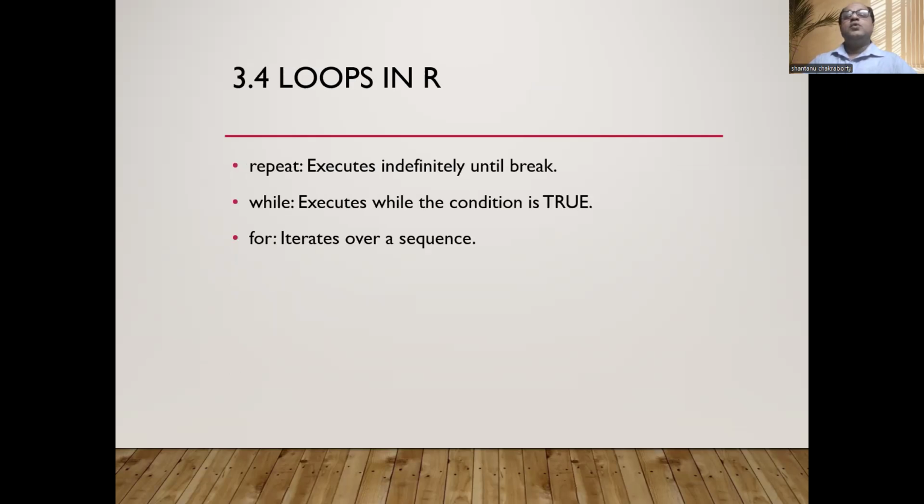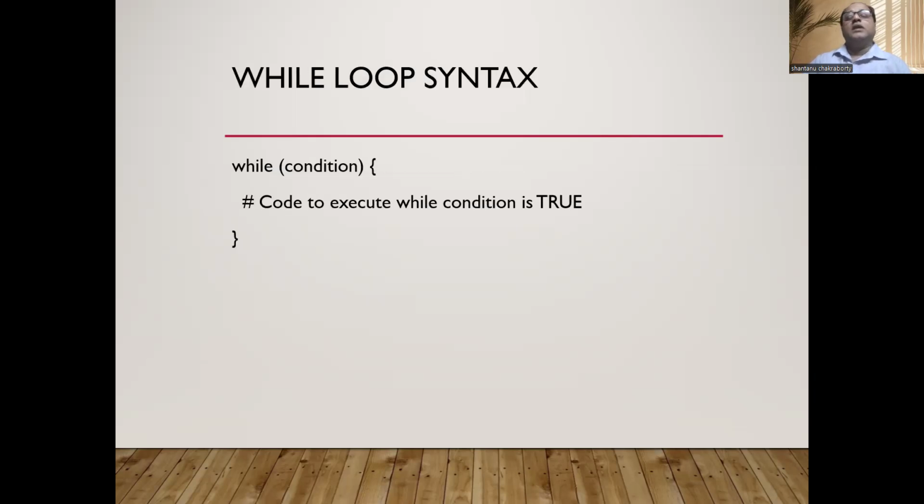Then there is a loop in R that repeats itself. Repeat is also a loop that we use in R, and it executes indefinitely until break. It executes while the condition is true and iterates over a sequence one after another. There is also a while loop.